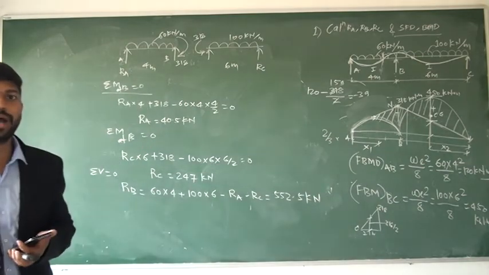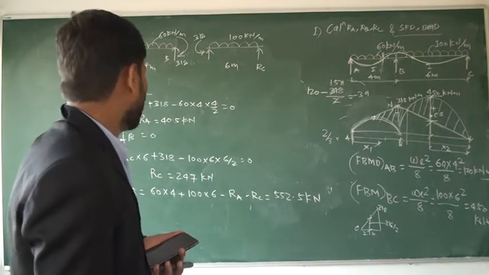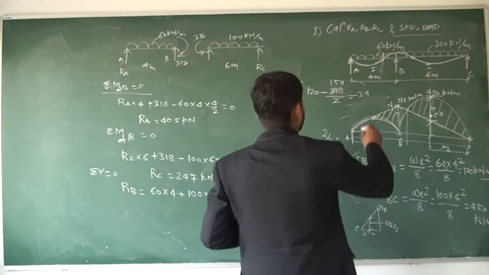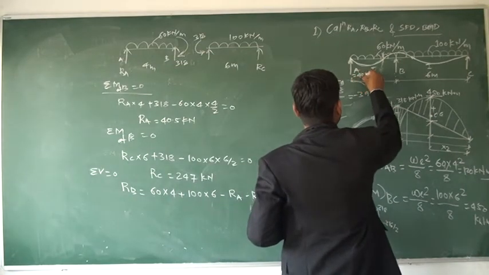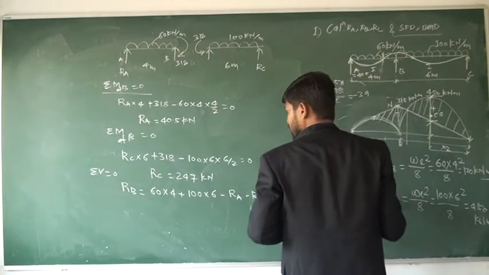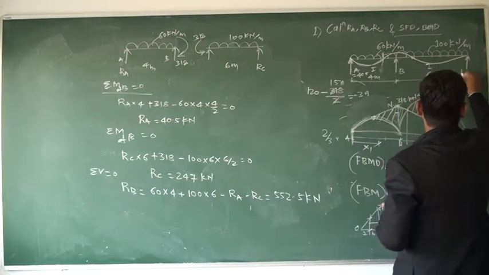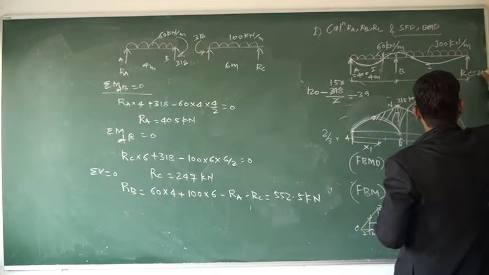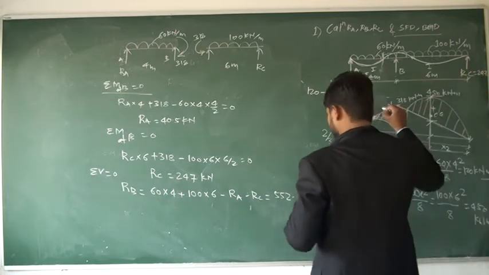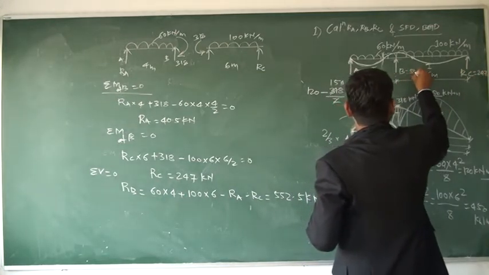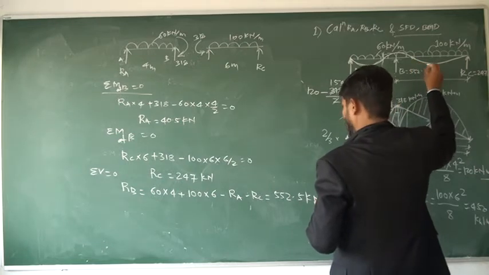So this is the value of RB. Now RA is 40.5, RC is 247 and RB is 552.5.